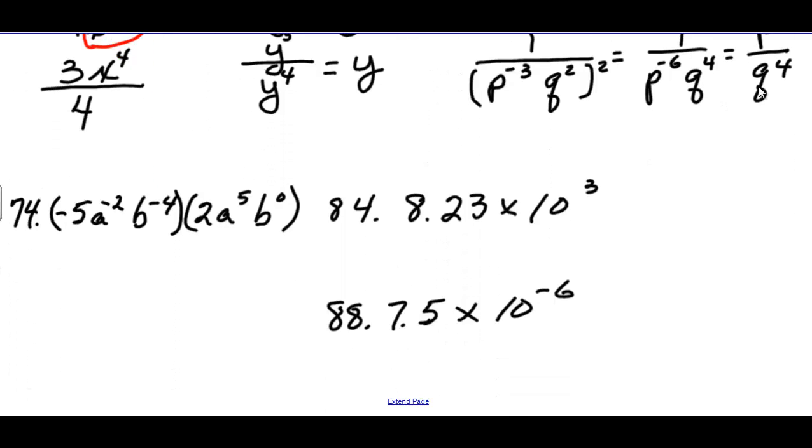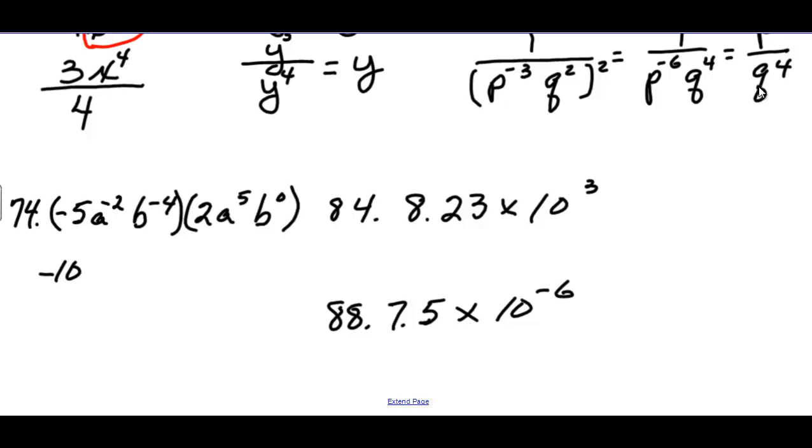Let's take a look at number 74. In number 74, what we have is negative 5 times the 5a to the negative 2, b to the negative 4 times 2, a to the 5th, b to the 0. Let's take those two numbers, negative 5 times 2. We come up with a negative 10.